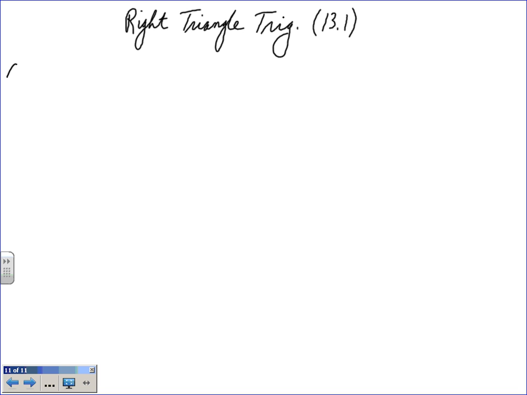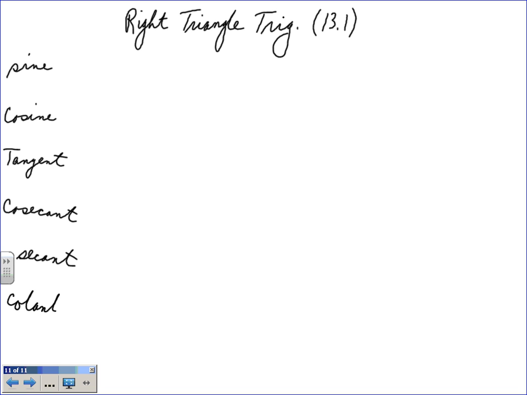They are sine, cosine, tangent, cosecant, secant, and cotangent. And these are the 6 trig functions.